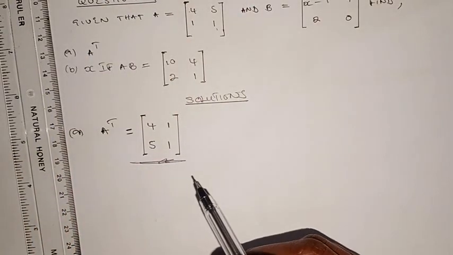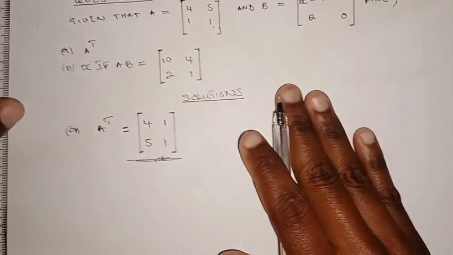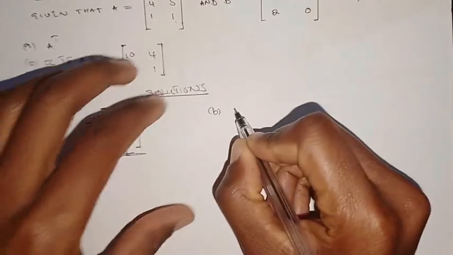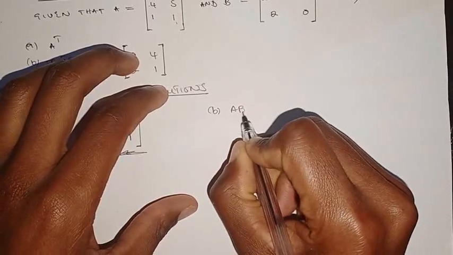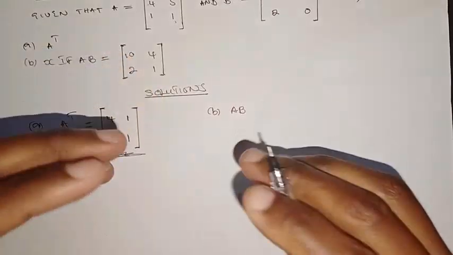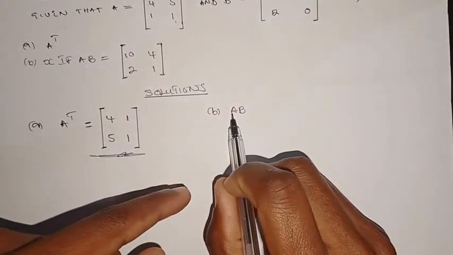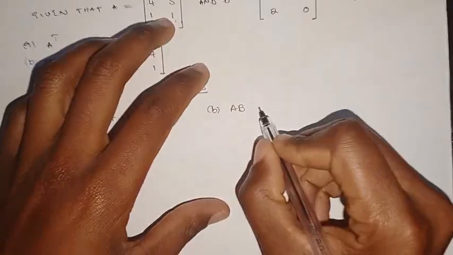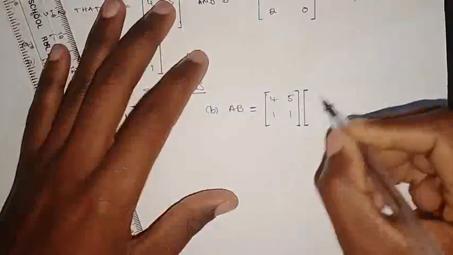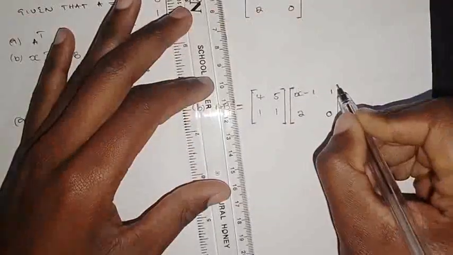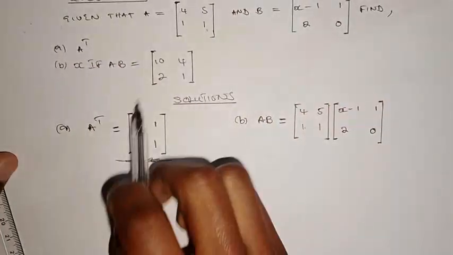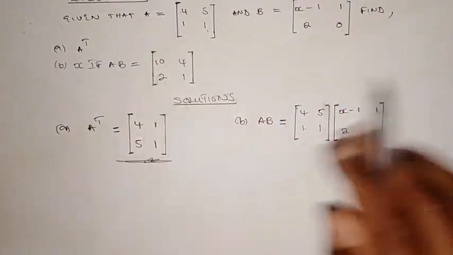Now let us look at part B, which carries 2 marks. So part B says what? Part B says that matrix AB, when we write matrices in this form, we are saying that we are multiplying matrix A and matrix B. And when we multiply this, the problem says that we obtain this matrix here.